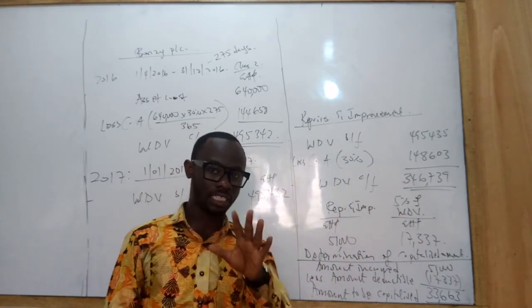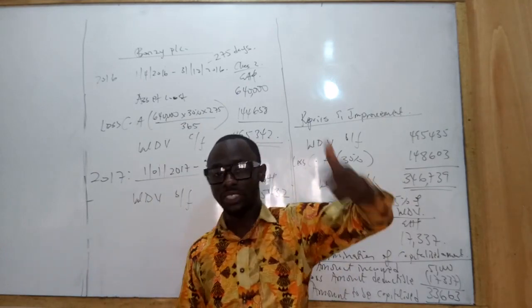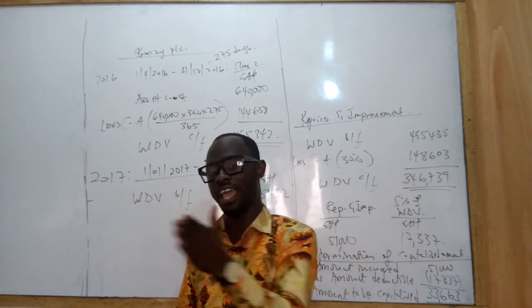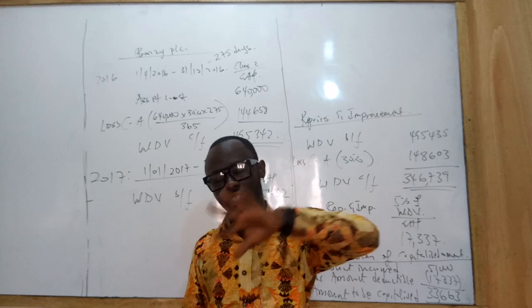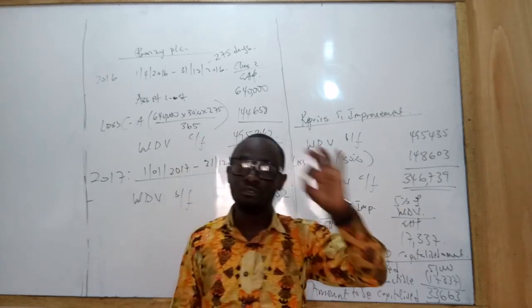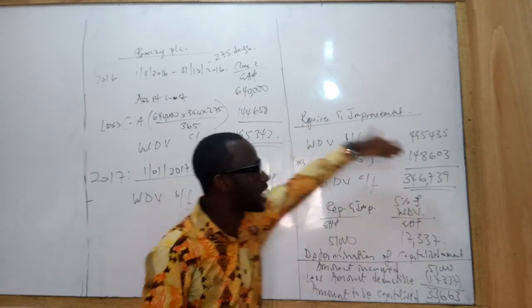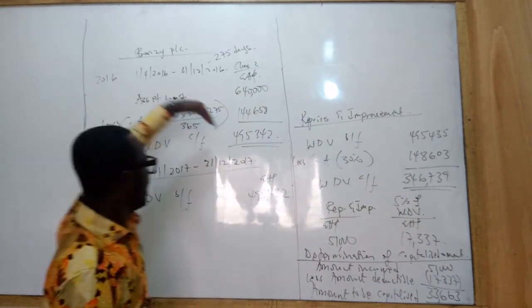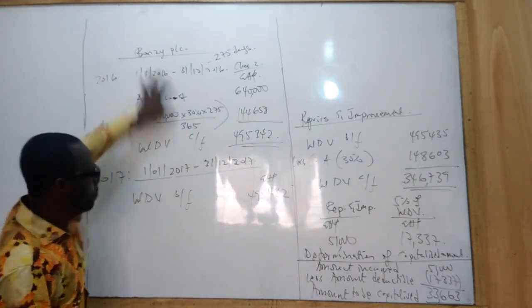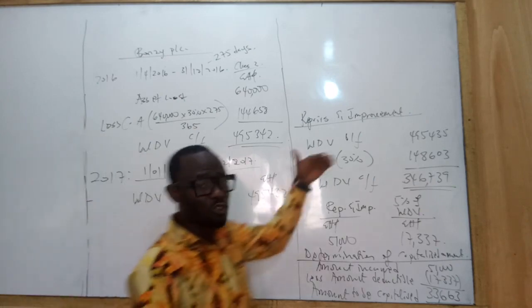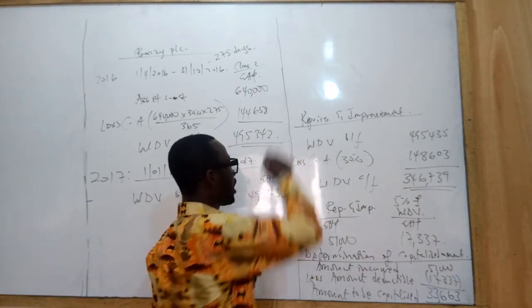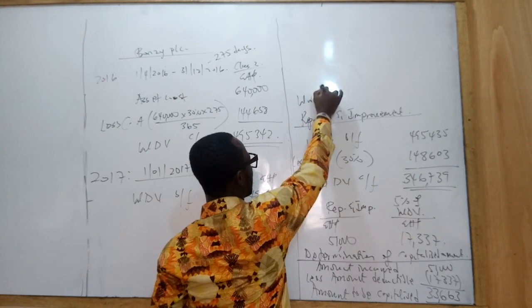So look at the workings right here. We said 5% of the written down value at the end of the year. So we have to pretend to calculate the capital allowance before, because the main schedule will not come, but we have to pretend. This is workings. All of these things we're doing is workings.